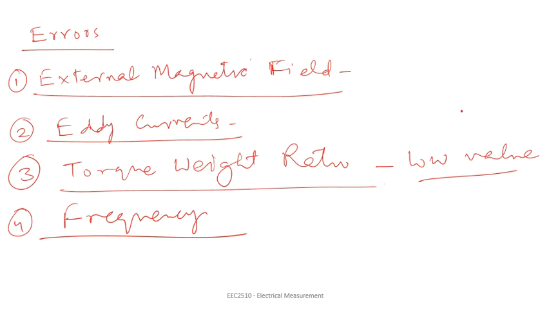But one of the important applications of the electrodynamometer type instrument is its use as a wattmeter. We mostly use electrodynamometer type instruments as wattmeters, so that we will discuss separately in the next lecture.